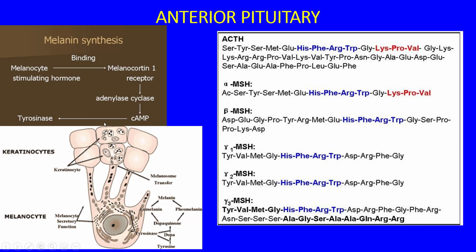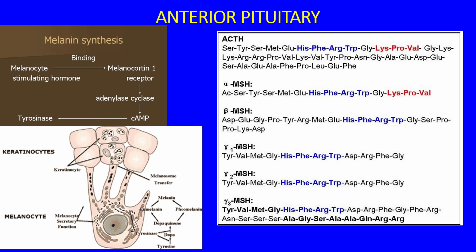And as you want, you can take a look here. Here's the information about melanin synthesis. You have the melanocyte stimulating hormone, which will bind to melanocortin 1 receptor, that's the MC1R. It'll act on adenylate cyclase, causing an increase in cyclic AMP, which activates tyrosinase.